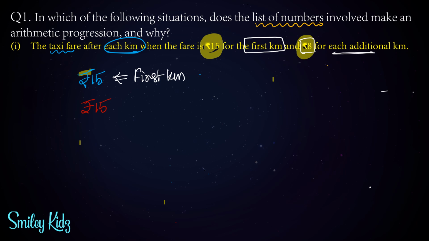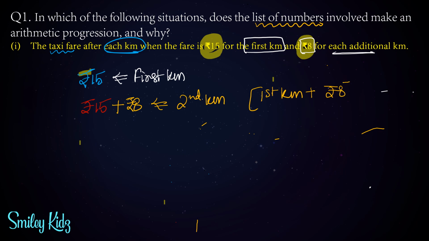And if you travel 2 kilometers, then it means additional rupees 8. This is your second kilometer. That means first kilometer plus rupees 8 for the additional kilometer will give you the final price of 2 kilometers. And this turns out to be rupees 23.